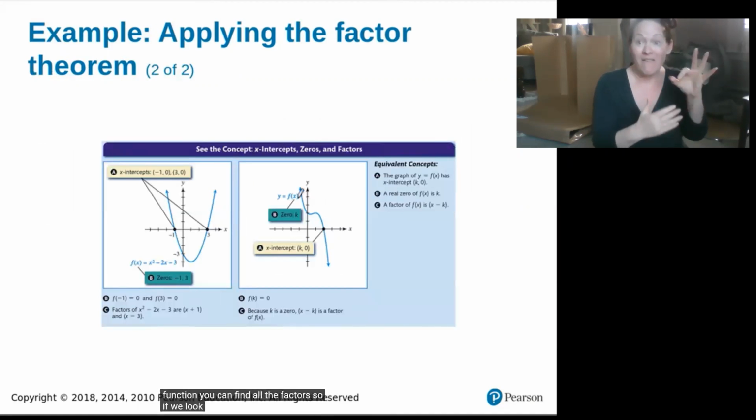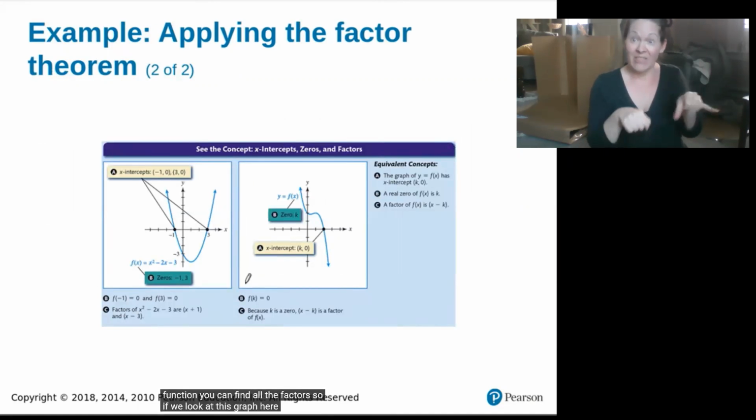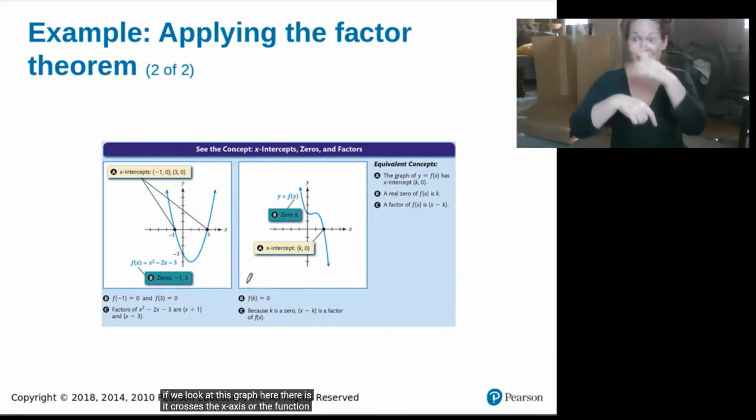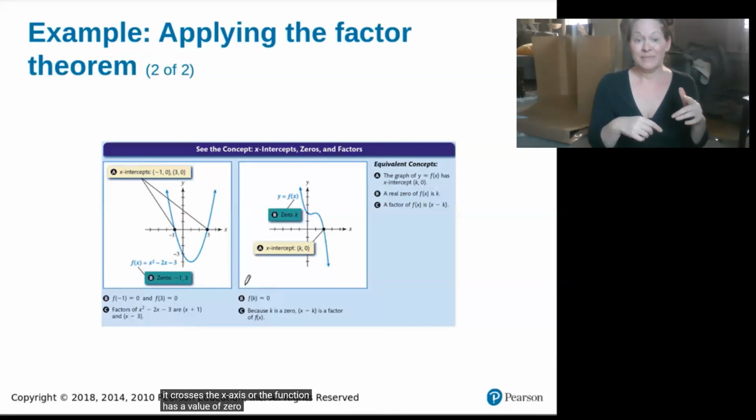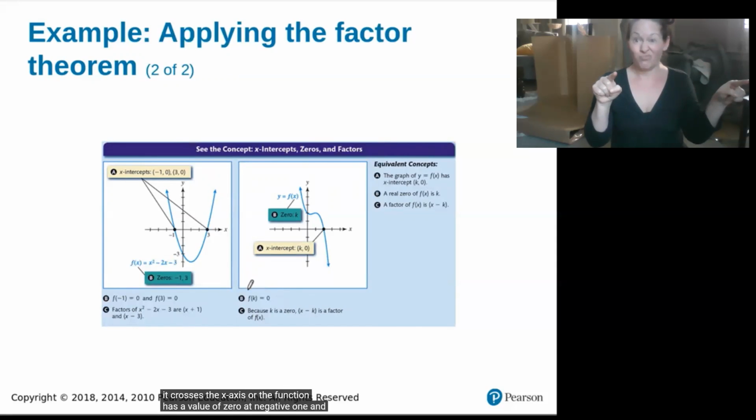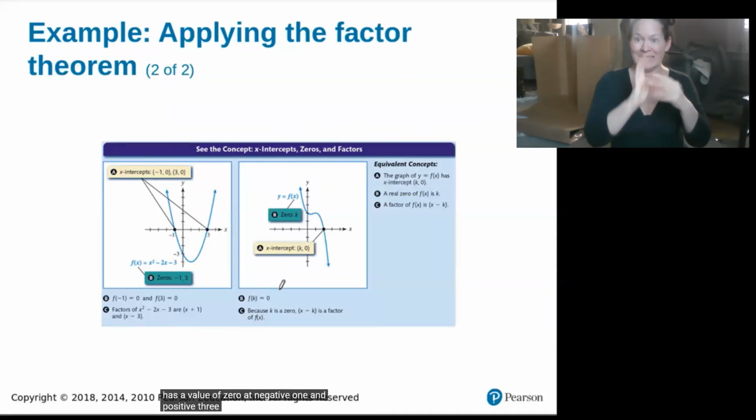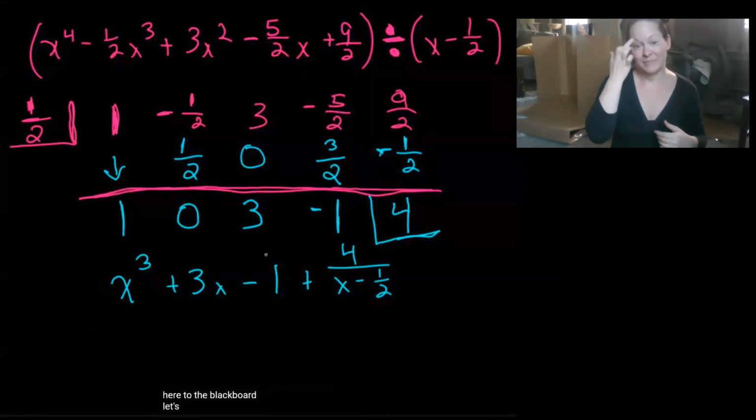So if we look at this graph here, it crosses the x-axis, or the function has a value of 0 at -1 and +3. So these are factors. And so what that looks like, let me move over here to the blackboard. Scroll down a bit.